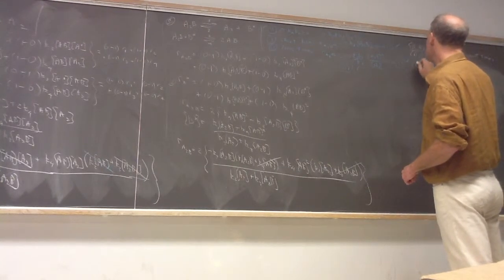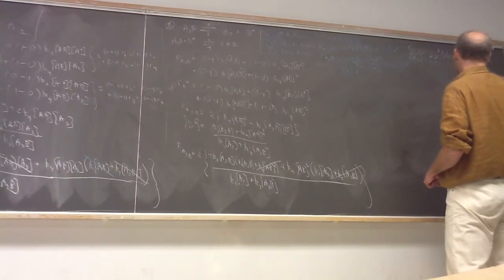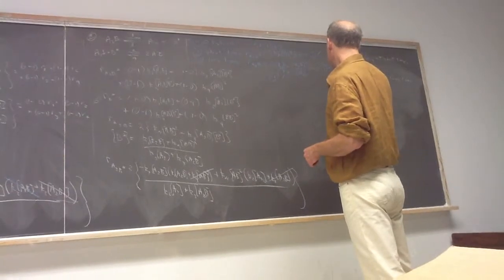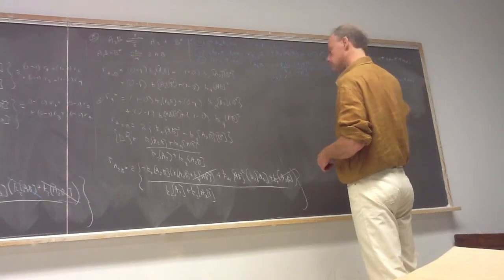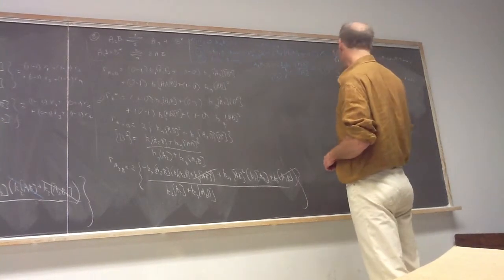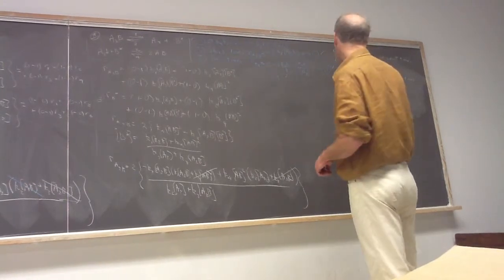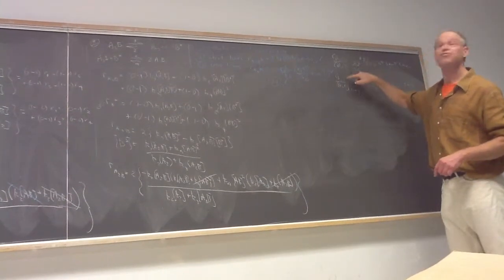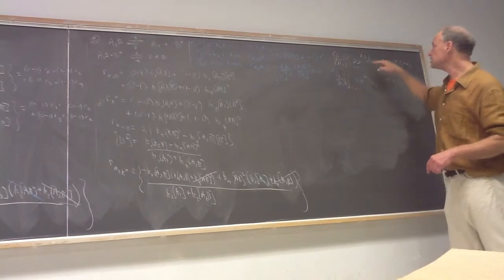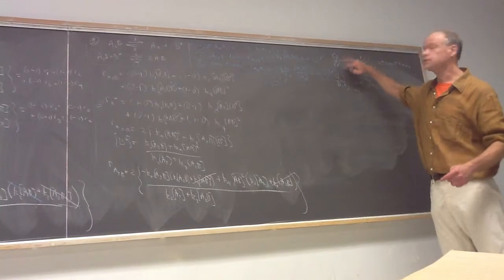And the experimental fact is that our friends the chemists spent a year in the lab determining that R of HBr was equal to some K1 times H2 times Br2 to the 1/2, divided by some K2 plus HBr divided by Br2.